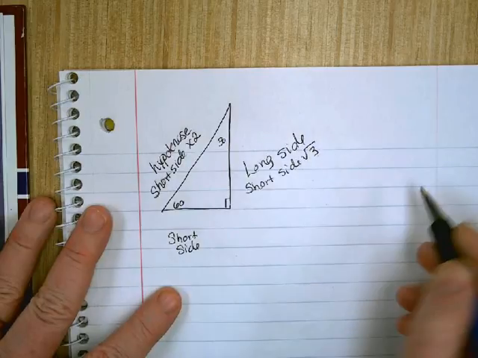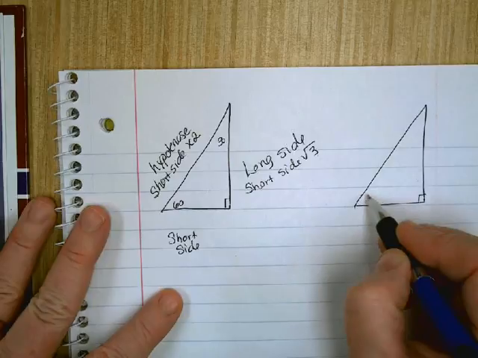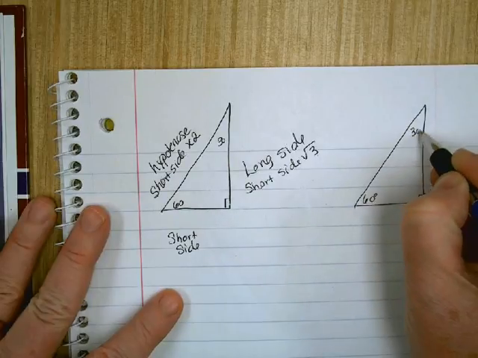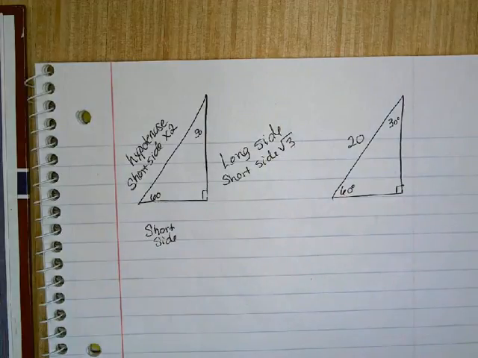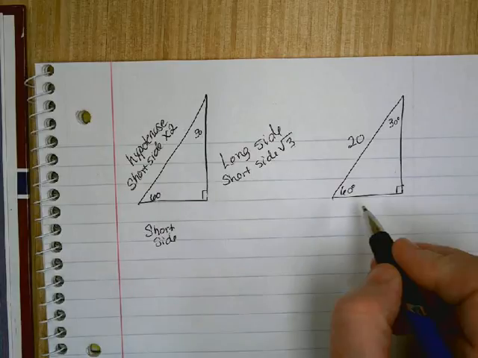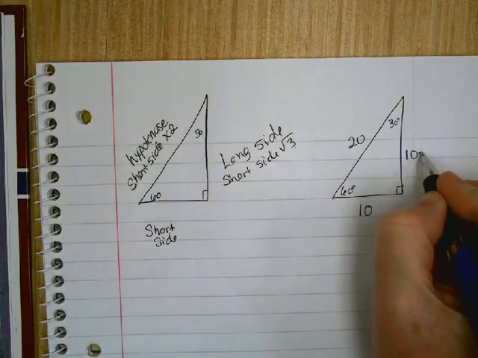So let's put some numbers in here. Okay, this is 60, this is 30, this is 20. So I've given you 20, and 20 is the hypotenuse. So the short side is 10, not 10 cubed, 10 square roots of 3.